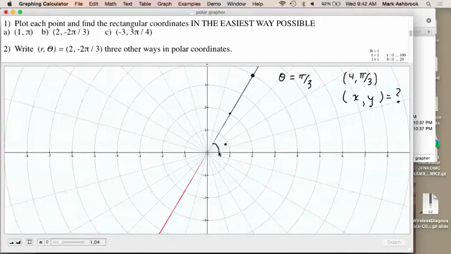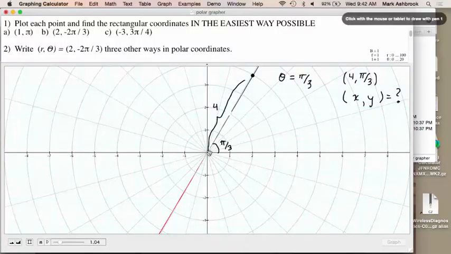So this is the angle pi over 3. This distance, the distance from the pole, that's our r value. That is 4. Figure it out. What are the x and y coordinates of that point, of the polar point 4 comma pi over 3?